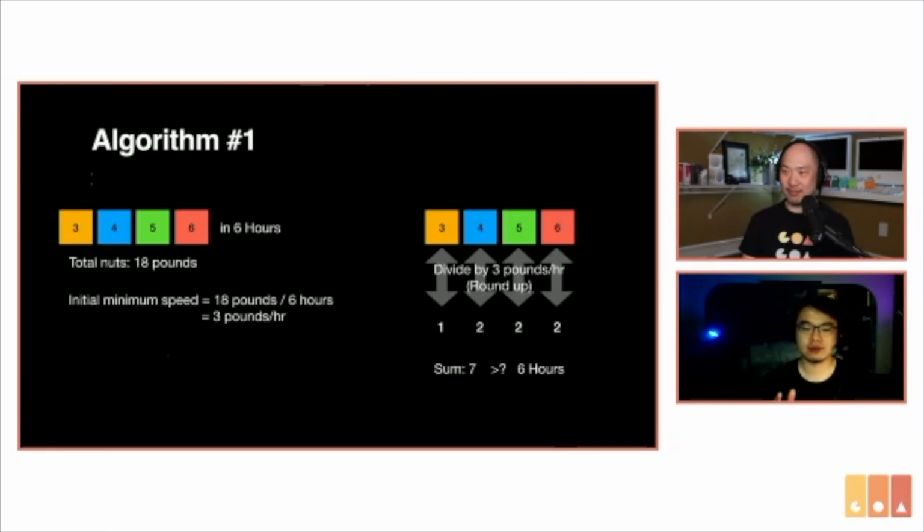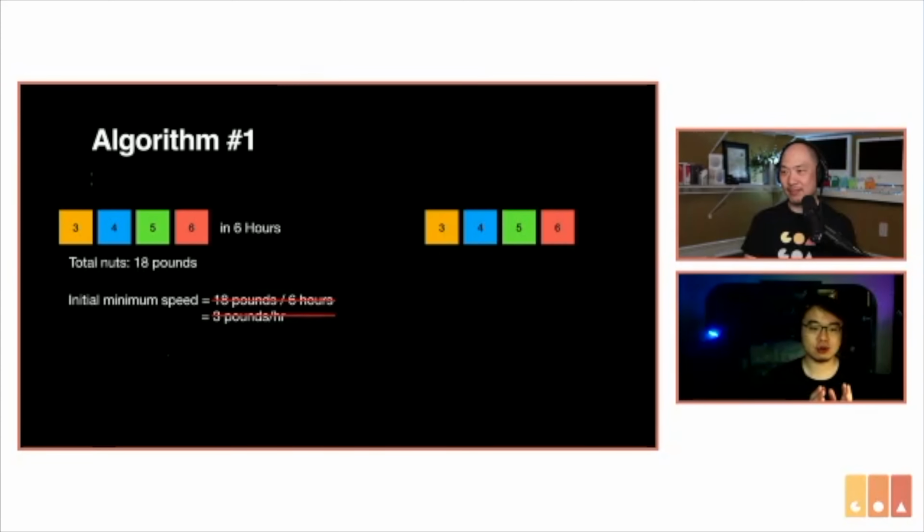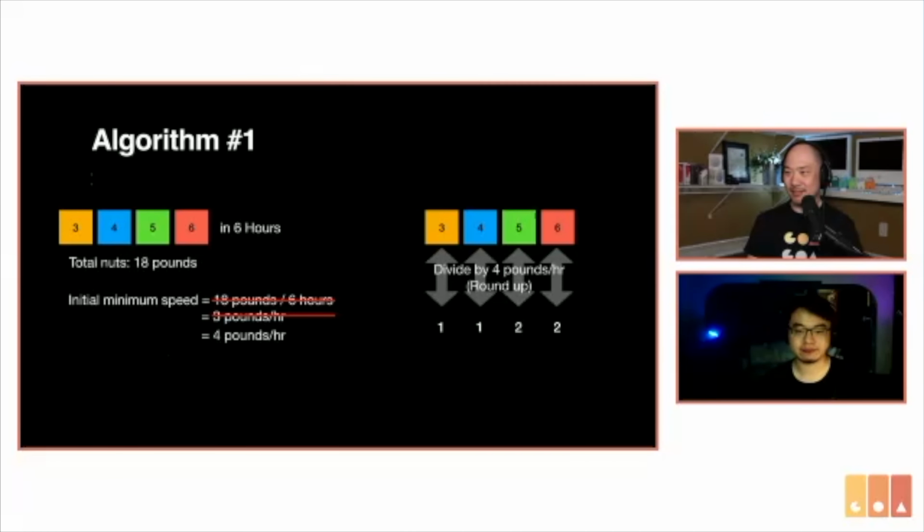For this, the squirrel eats it in 7 hours, but there are only 6 hours to eat it in, so that's not going to work. So Eric goes back and increases the eating speed by 1 pound an hour and does the check again. This time the calculation equates to 6, so this is the answer he will return.